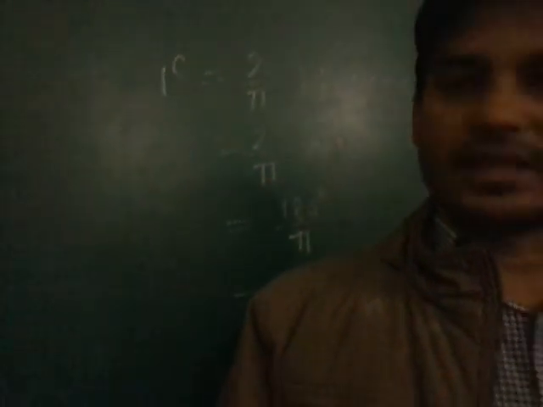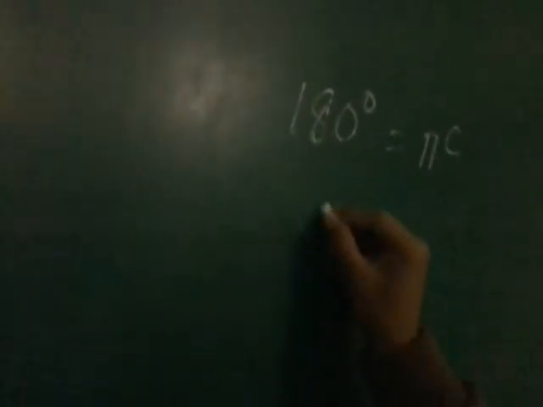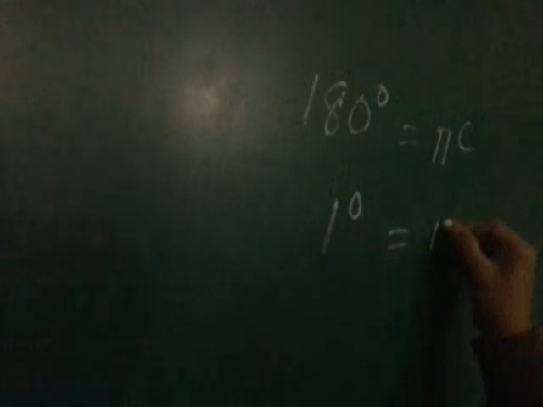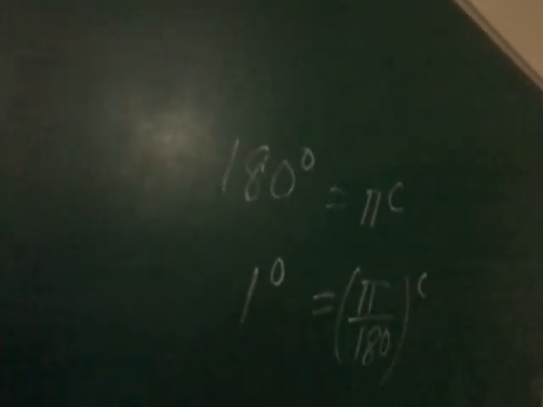Okay, next we discuss 180 degree. We know that 180 degree is equal to pi radian. So 1 degree is equal to pi by 180 radian.